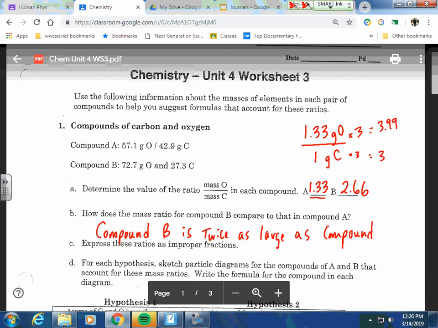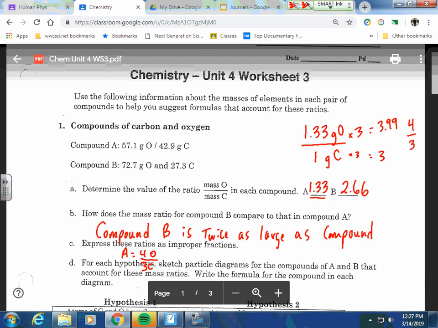And what I like about this is, although it's still not exactly a whole number ratio, it's pretty close to being 4 to 3. So that's what I'm going to put down here for A. I'm going to write 4O to 3C. Can you read that okay?